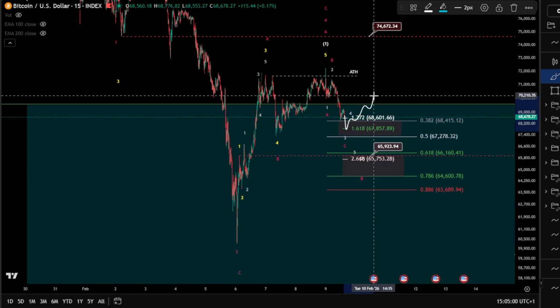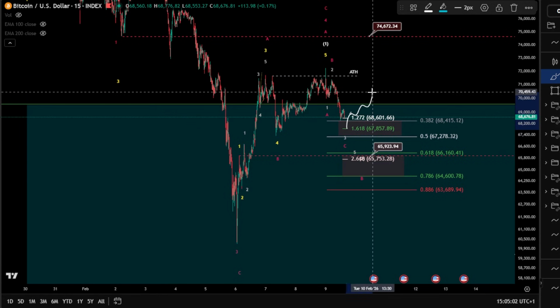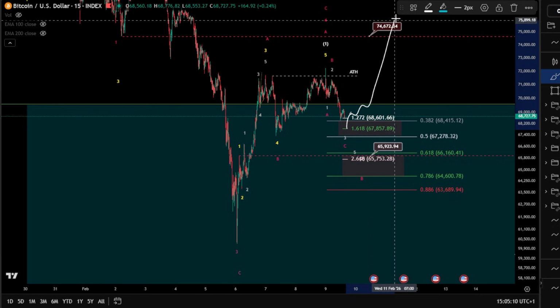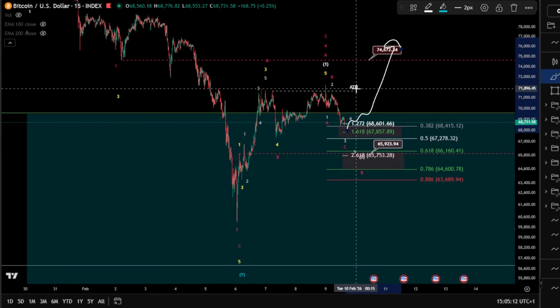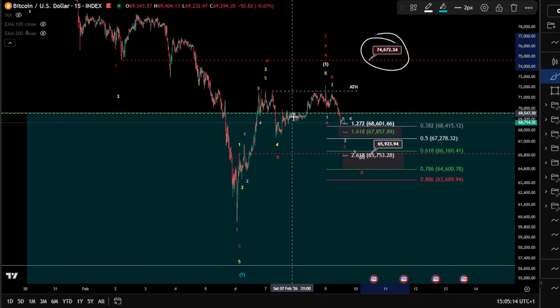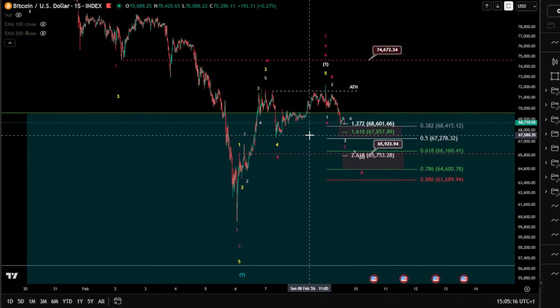And the reaction after it, if we're gonna get a good reaction showing strength, showing an impulse, 5 waves toward the upside, well, I would suggest, of course, yeah, maybe something is unfolding for higher, preferably to take the 74K with it.